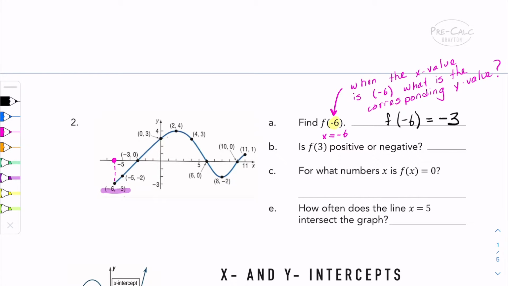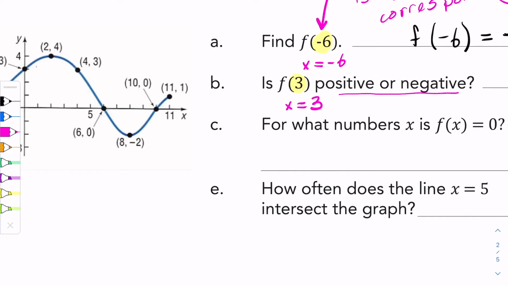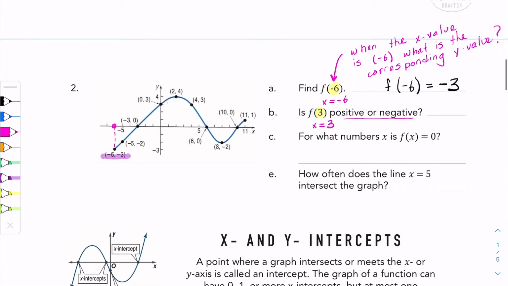Next question says, is f of 3 positive or negative? So once again, that number right there is your x value. That means when x is equal to 3 on the coordinate plane, is your answer positive or negative? So we're going to go over here, we're going to look at where positive 3 is.